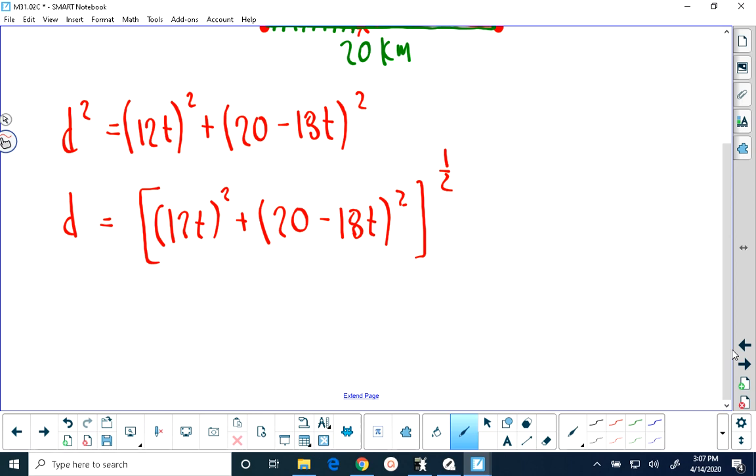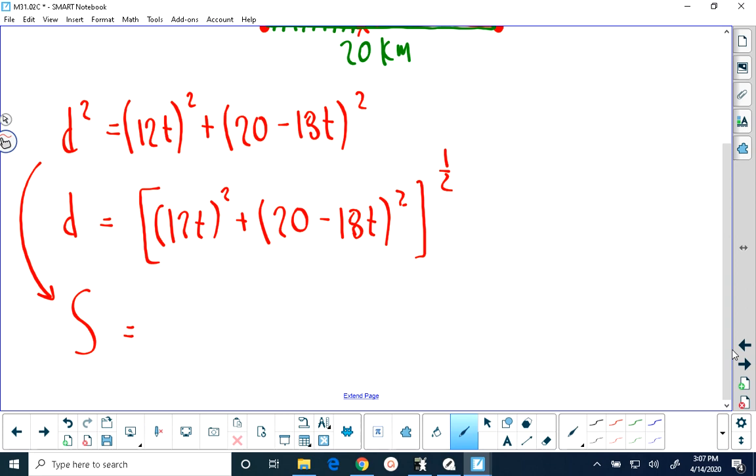And I'm going to tell you that there is a shortcut to this, and it's to say that if d is as small as possible, then the square of d will be as small as possible. So what I'm going to do is rewrite this equation and write it as s, and the s in my mind stands for the square of the distance.